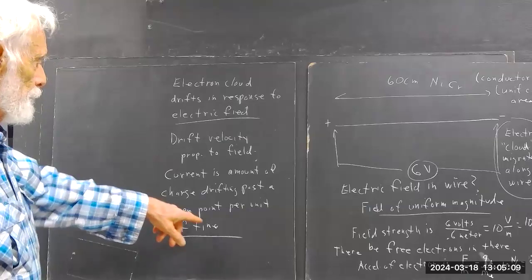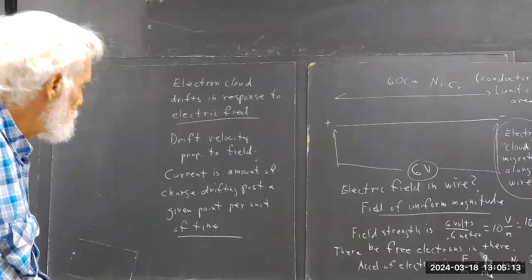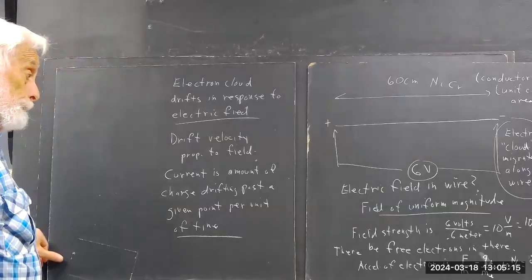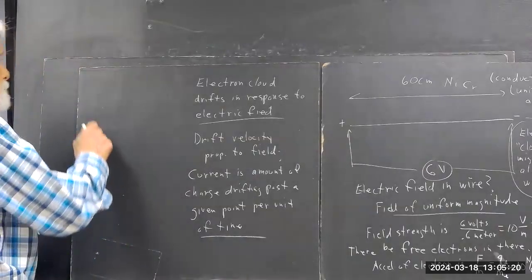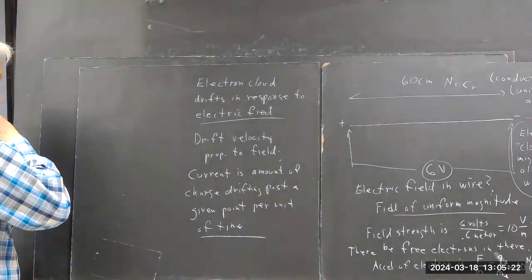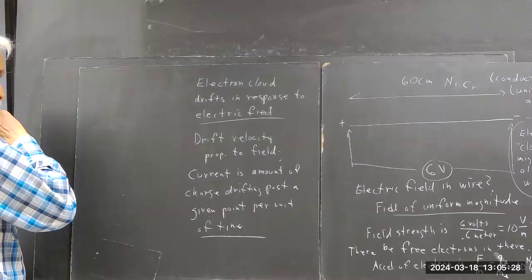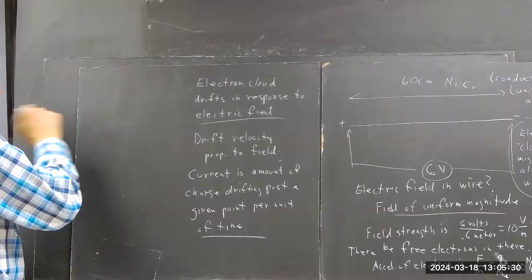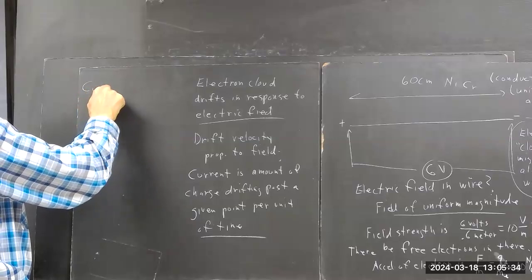Current is the amount of charge drifting past a given point per unit of time.